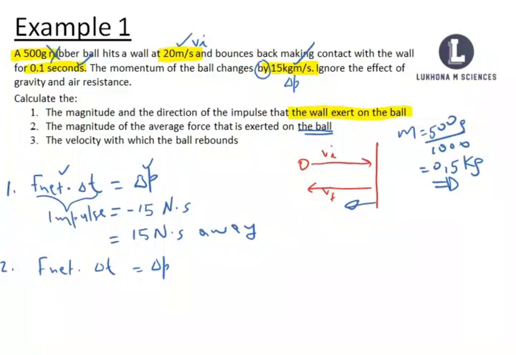Which means we are going to use the change in momentum, or the impulse, away from the wall. So the force is what we are looking for. The time is 0.1 seconds, which is equal to the change in momentum exerted by the wall toward the ball, which is -15. Then we divide by 0.1.